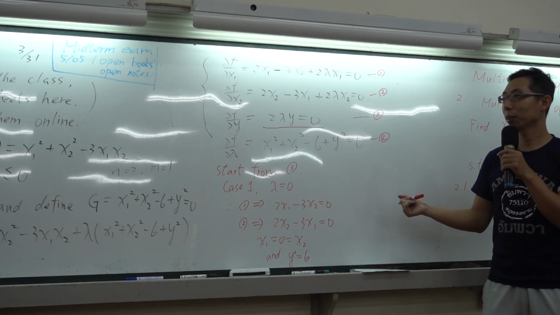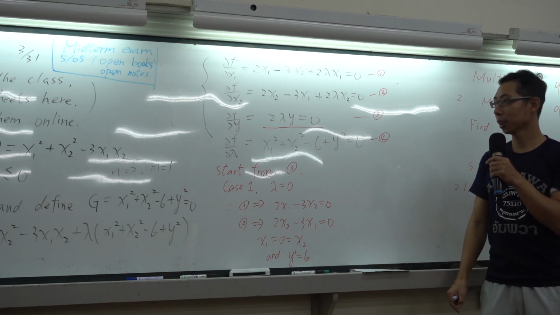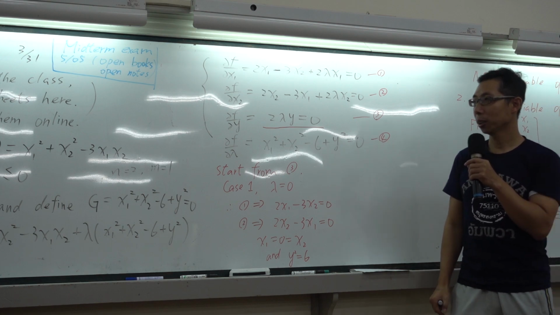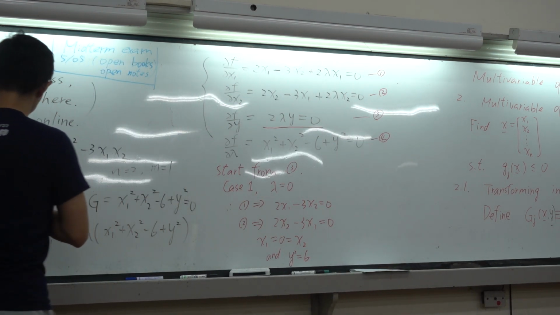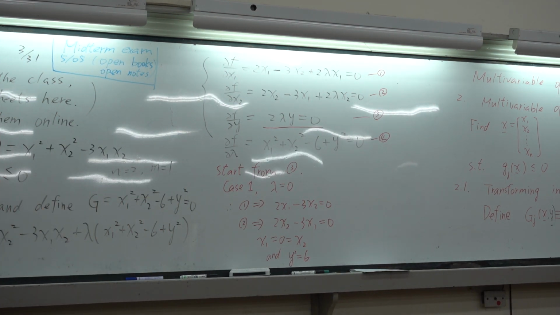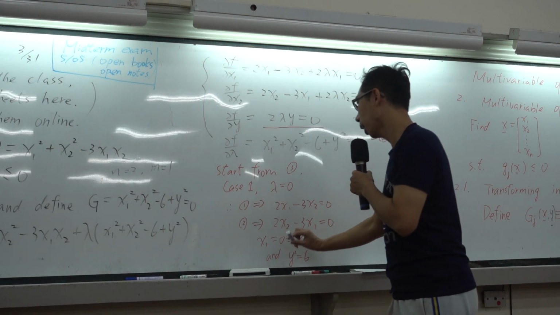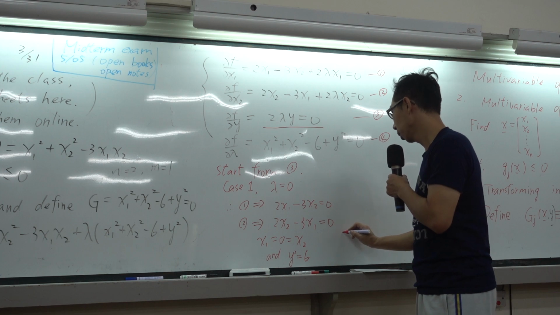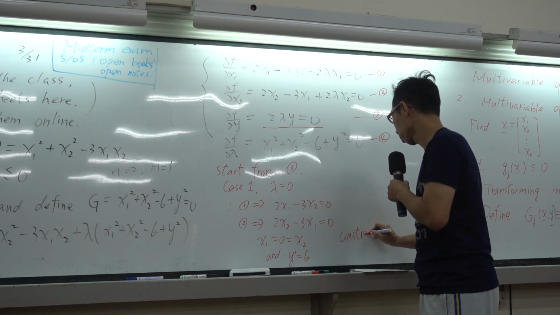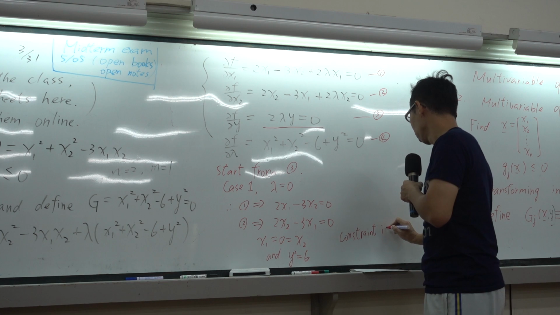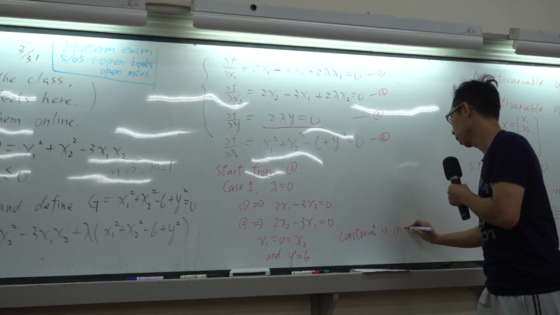Do you guys remember the definition for an active constraint? An active constraint means that this smaller or equal sign becomes equal sign. And in this case, if x1 and x2 are both zeros, then negative 6 is strictly less than 0. So this means that the constraint is not active, or inactive.